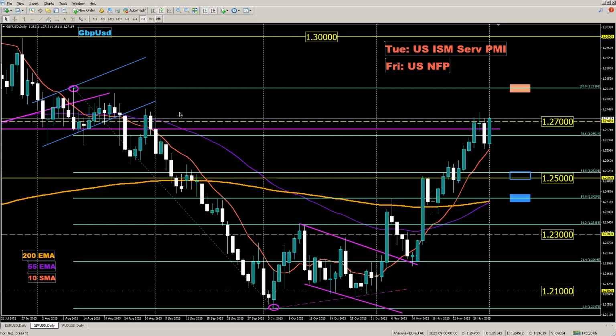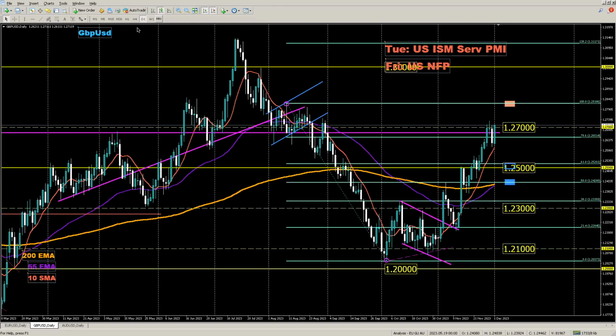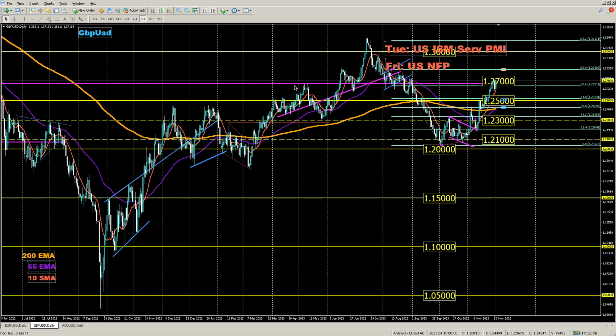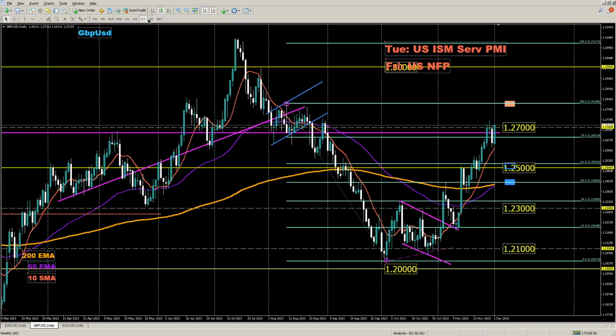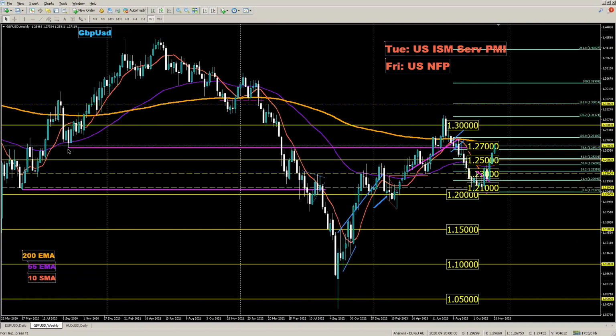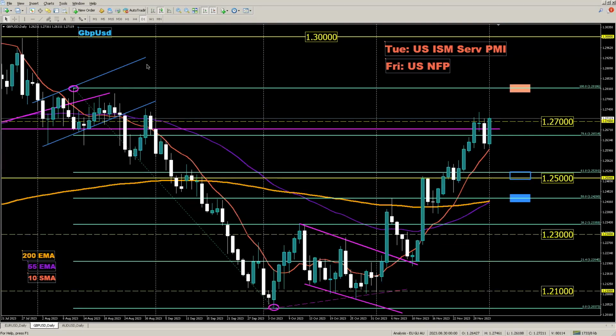Okay, critical for the US dollar price action. And if we zoom out further to take a look at this support level, it goes all the way back to this swing low here. That's a critical break higher.